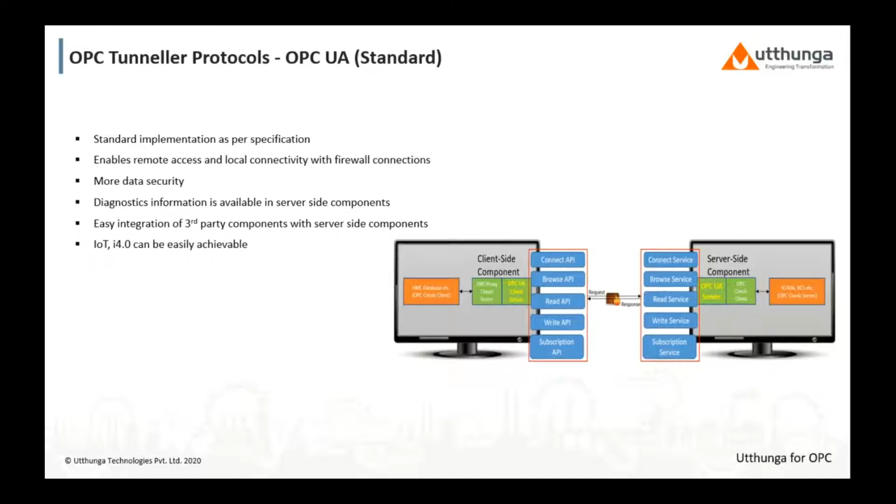For example, we can see the number of clients connected to the server-side components, the number of subscriptions available, and the number of parameters available in a subscription. So we have a lot of diagnostic information available to the user. And we can easily integrate third-party components with the server-side components using various standard OPC UA clients. Hence, we can easily achieve Industry 4.0 IoT.